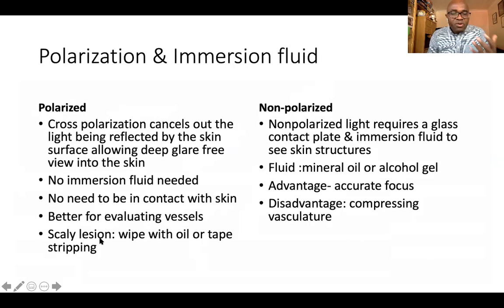However, with polarization or using immersion fluids in a non-polarized form, you try to remove these reflections, allowing a glare-free surface of the skin.